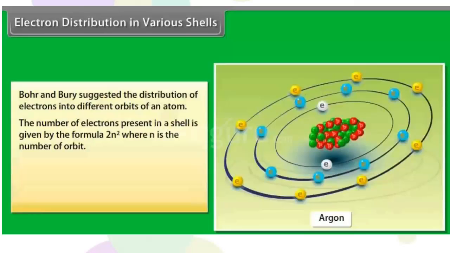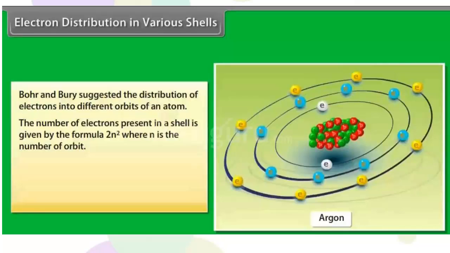Now how are these electrons distributed in the various shells? Bohr and Bury suggested the distribution of electrons into different orbits of an atom. According to Bohr, electrons revolve in stable shells and these shells have a definite energy.